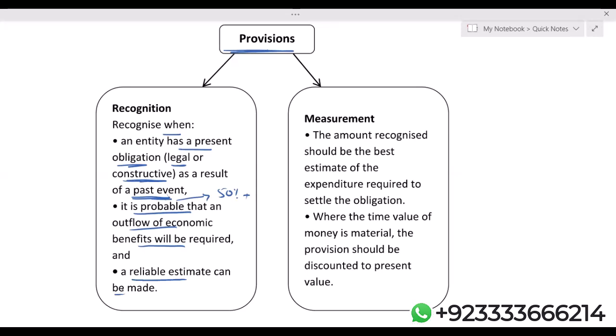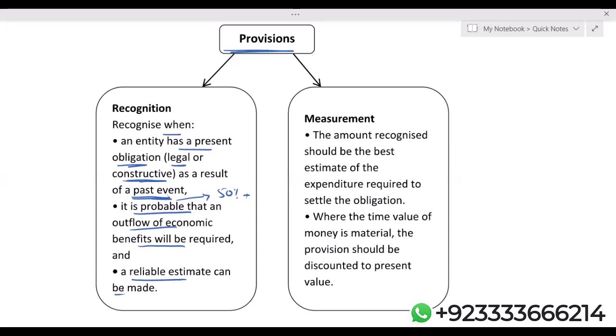Now listen carefully. For example, if an organization wants to recognize a provision for future operating losses, according to IAS 37, you cannot do that. Why? Because the very first point of the recognition criteria says an entity has a present obligation which arises from a past event.